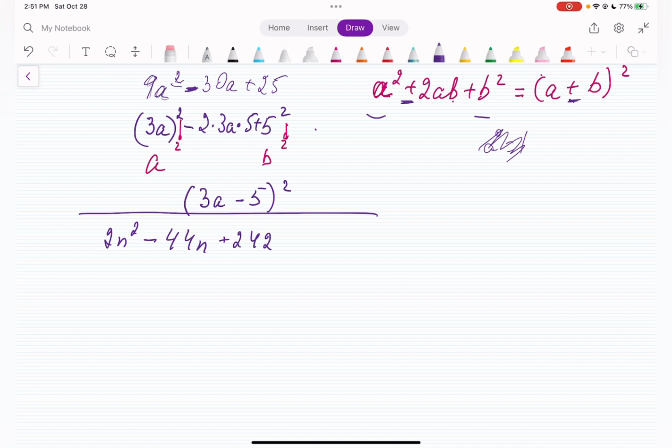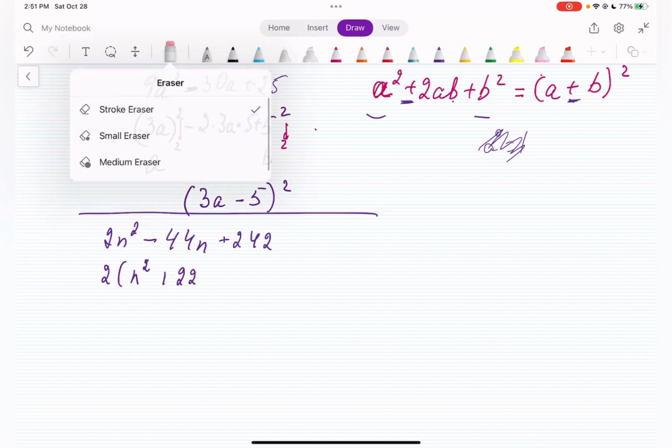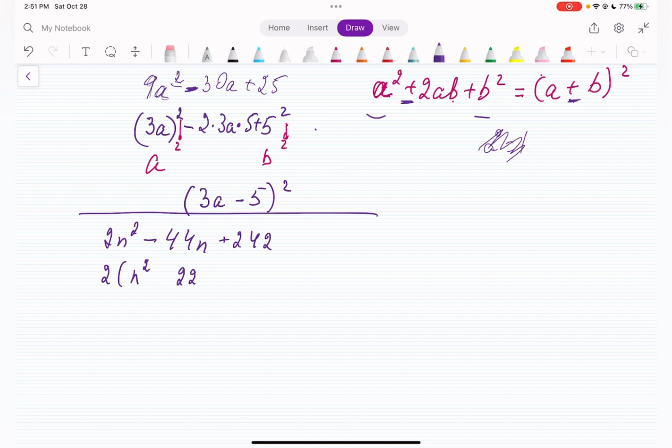All three are even numbers, so we can take 2 out. And I will have n squared minus 22n plus 121.